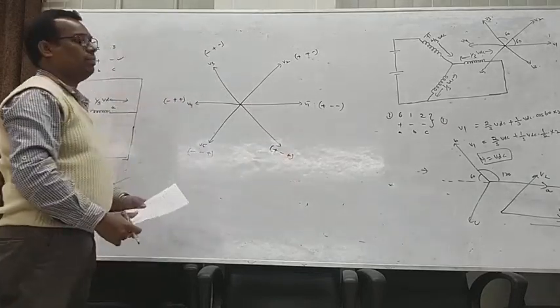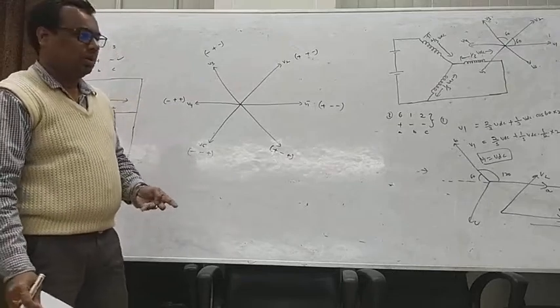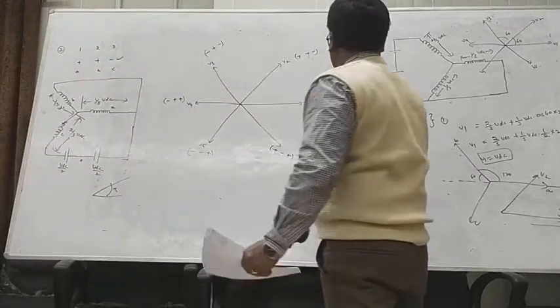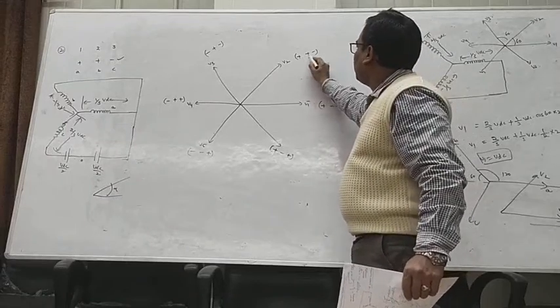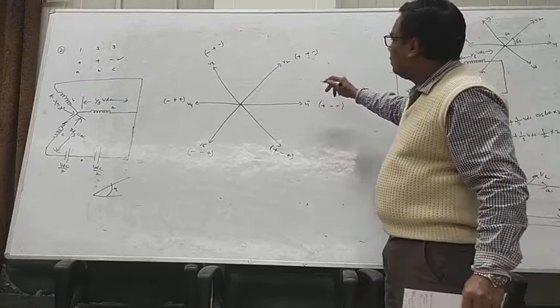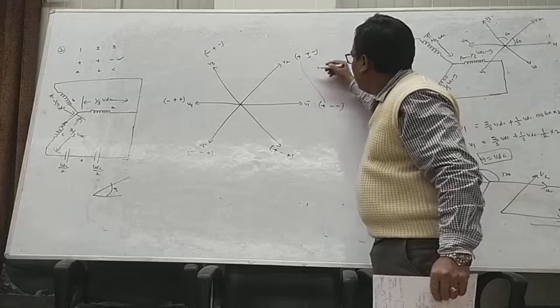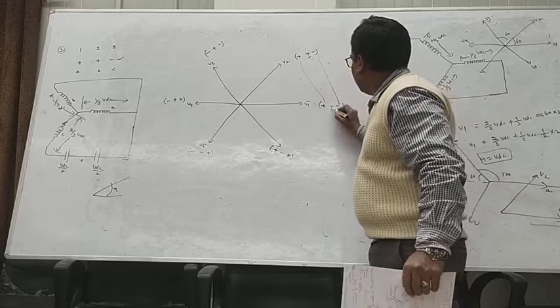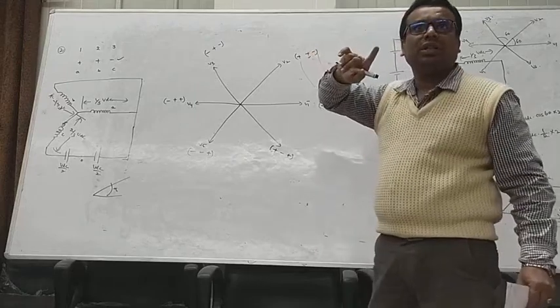You see here the number of possible devices. Here this is plus minus minus, and now you will see plus plus minus. How many devices change here? This is minus, and it is changing from minus to plus. Only one device is changing.